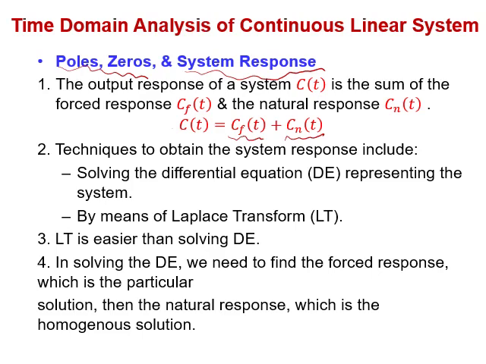So if I want to calculate c(t), it can be obtained by solving the differential equation, or we can calculate it by finding the inverse Laplace transform, as we have studied earlier.